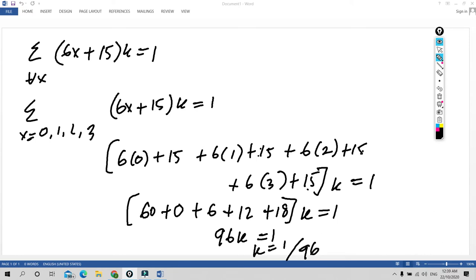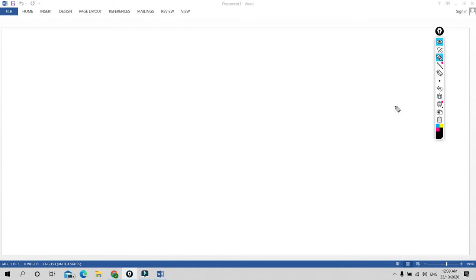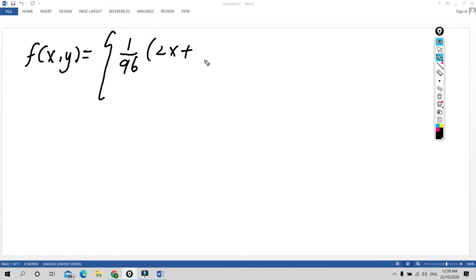You can plug it into the function. So my new function f(x,y) is 1 over 96 times (2x plus 5y) for x between 0 and 3 and y between 0 and 2.